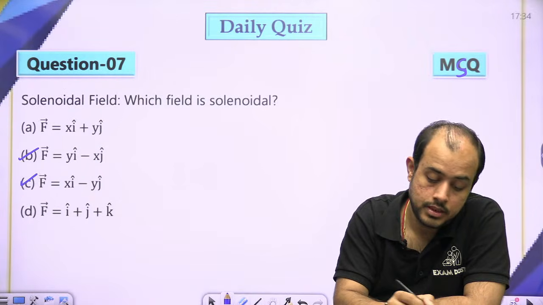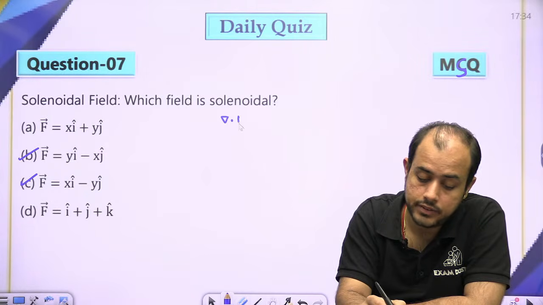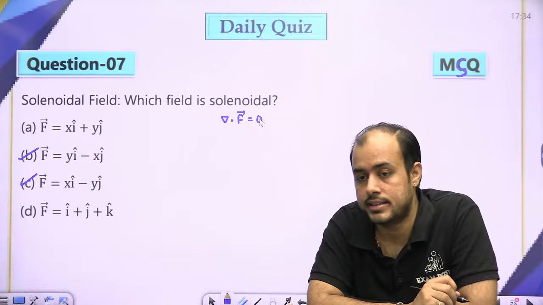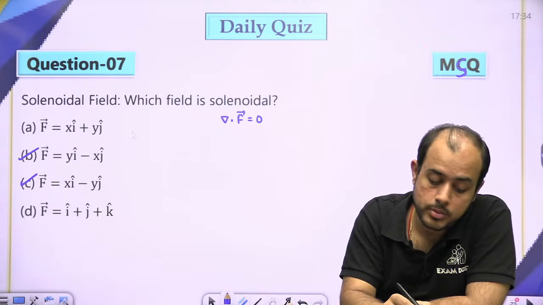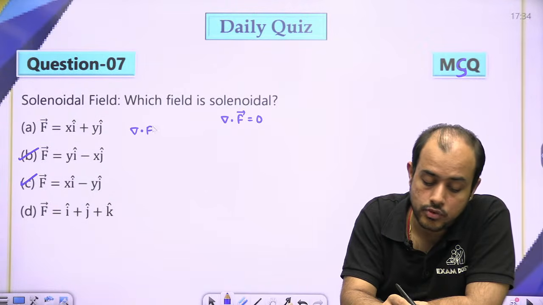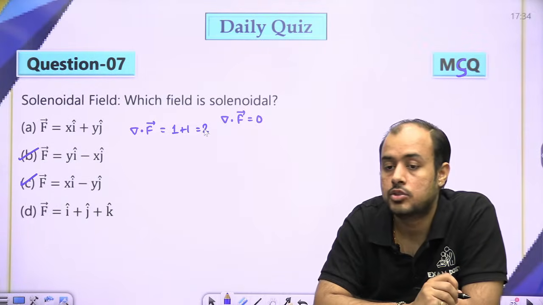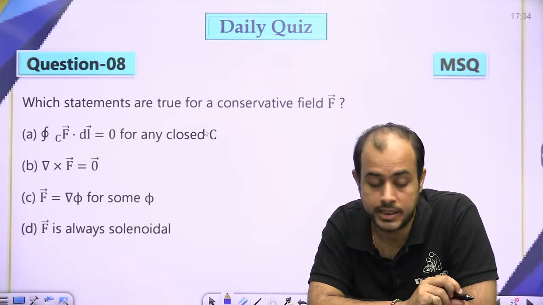B and C. Solenoidal means divergence is 0, so it should be B and C. Very good. For A, the divergence will come as 1 plus 1, that is 2. So the answer cannot be A, Aniket bhai.